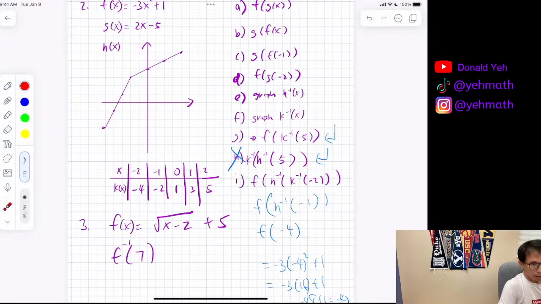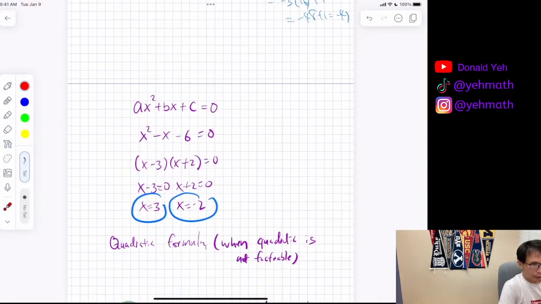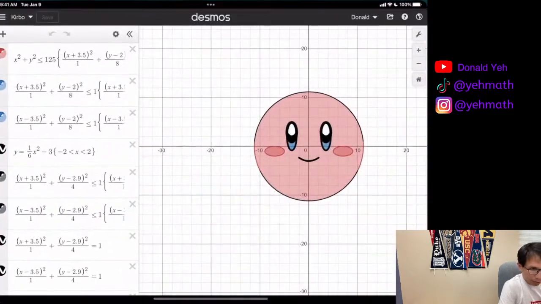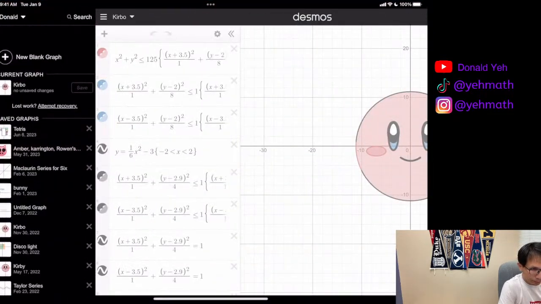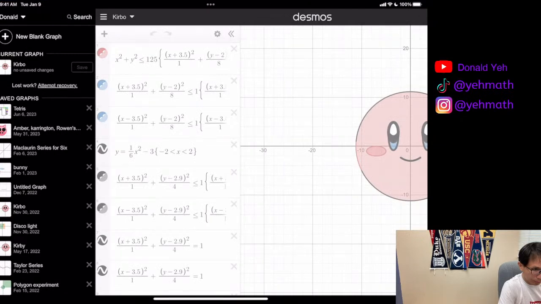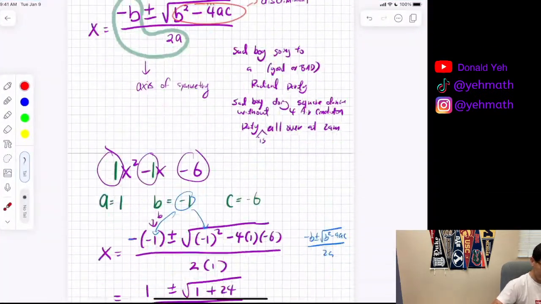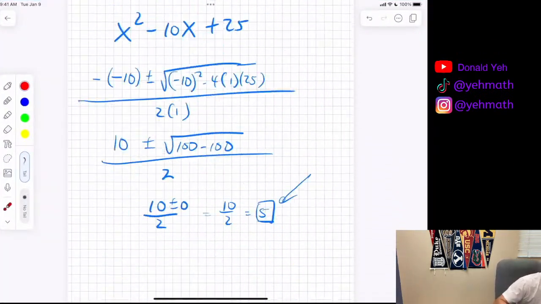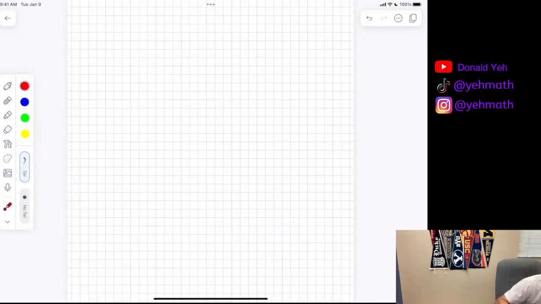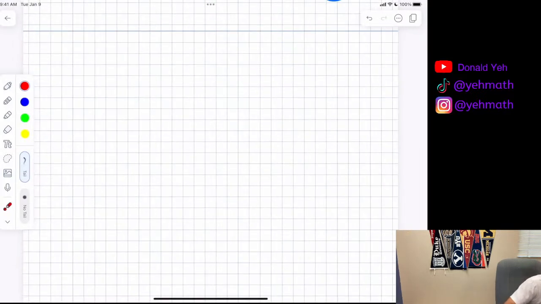Good. I'm going to teach you one more thing. How do I graph the absolute value of F? This one is going to be the hardest one on your test, to understand how to graph this transformation.